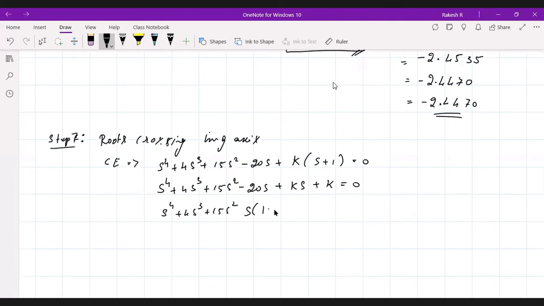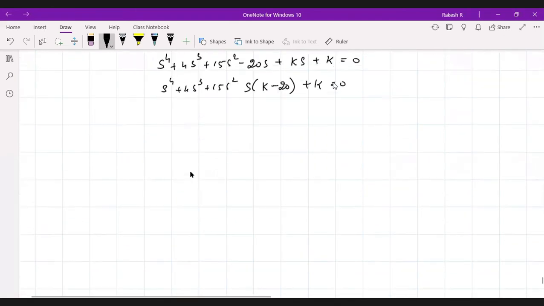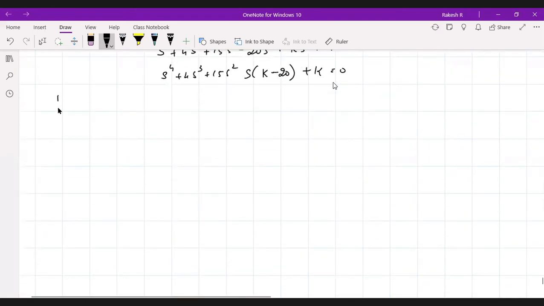So this becomes (k minus 20) s plus k is equal to 0. Just check whether it is correct. Yes, this is correct. So we need to find out the Routh's array here.